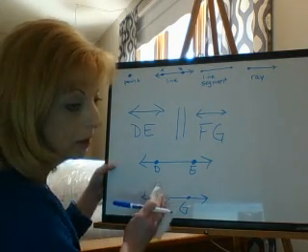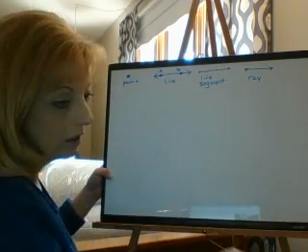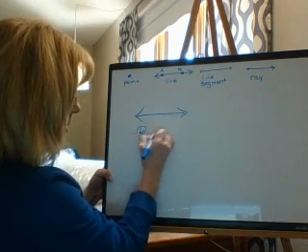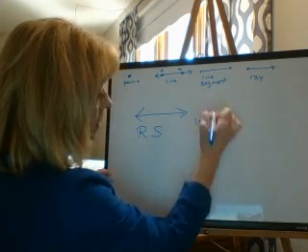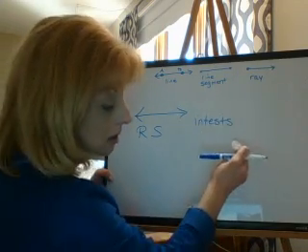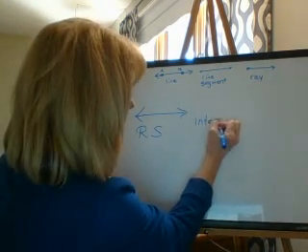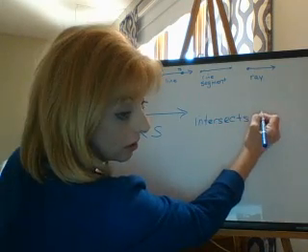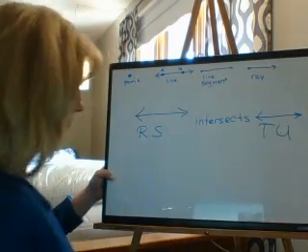Let's have a look at number 5. Number 5 says line RS intersects, oh, I spelled that all wrong, intersects with line TU.